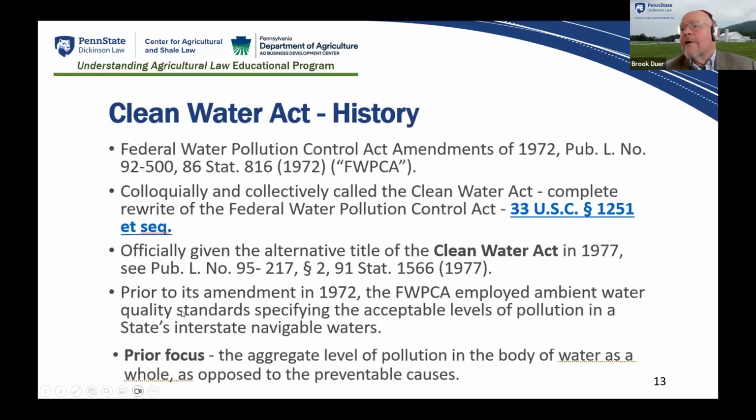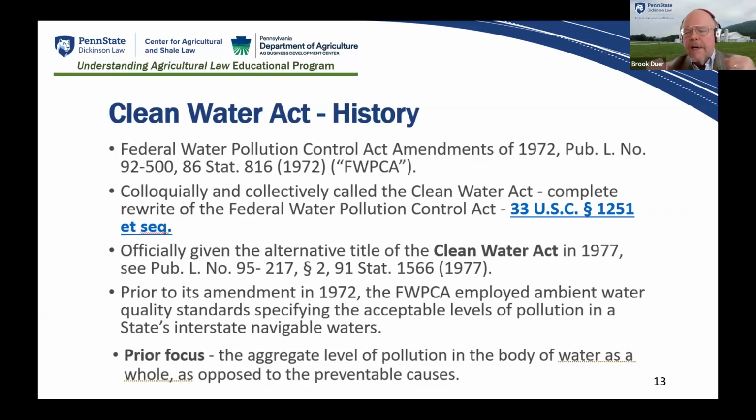Now, prior to this, basically the Clean Water Act was all about ambient water quality standards being employed that essentially specified acceptable levels of various pollutants in a state's interstate navigable waters, the waters of the United States. It was just a test of, take a sample, and it was not about tracing the source of any of these things.